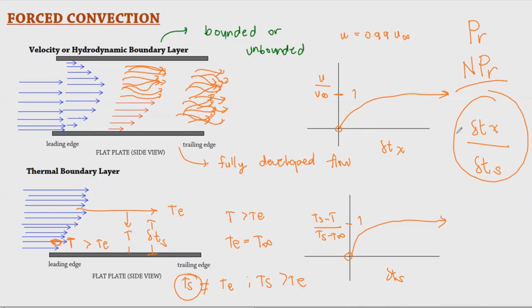So basically, if we would give a definition for this Prandtl number, that is the ratio of momentum diffusivity with respect to the thermal diffusivity. So Prandtl number is very important in convection, since convection, remember, we're considering the heat here and the fluid.